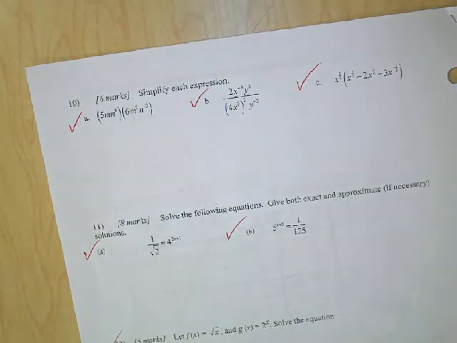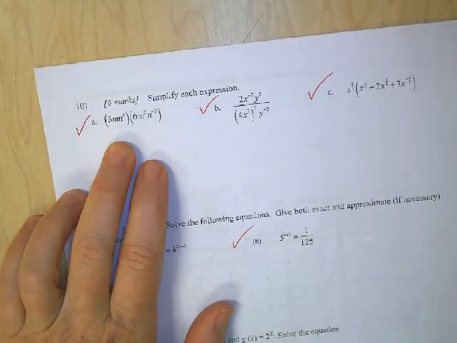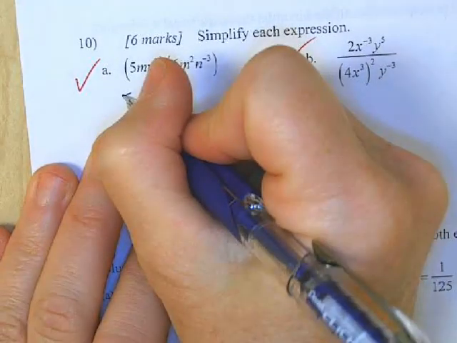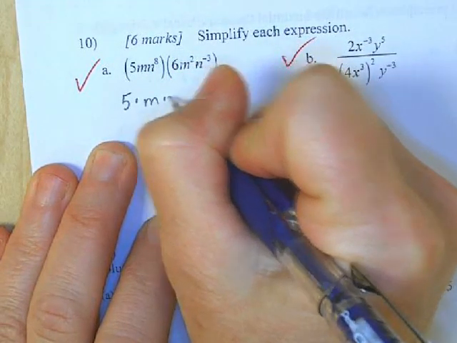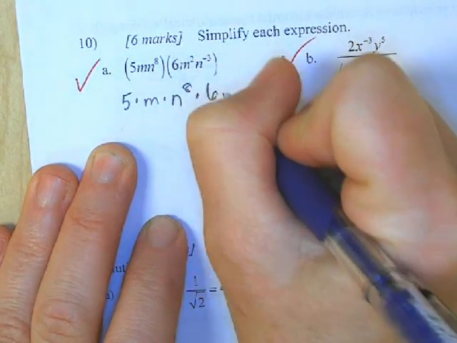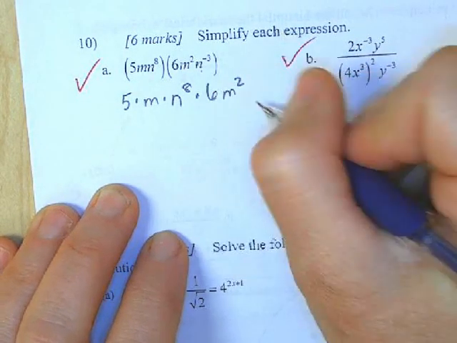I just need to simplify this. First of all, the parentheses aren't doing anything because there's no exponents outside the parentheses. So I'm going to go ahead and just drop the parentheses. I have 5 times m times n to the 8th times 6 times m squared, and then times n to the negative 3.